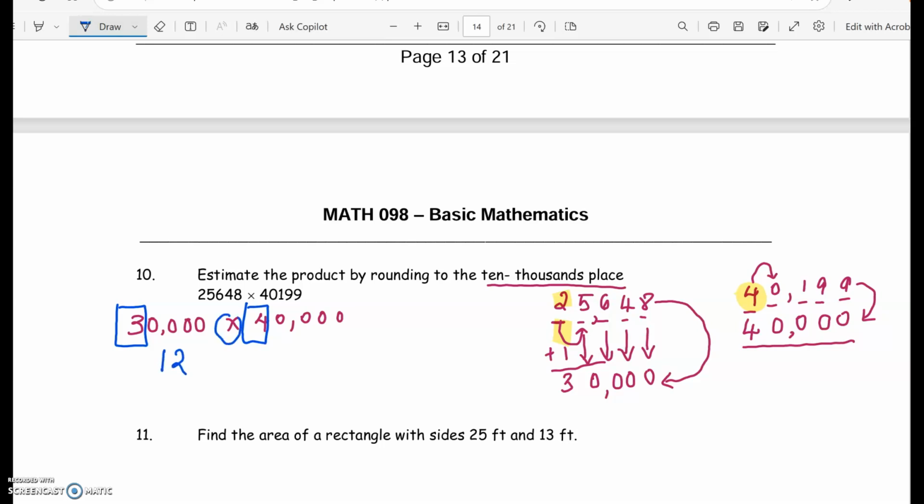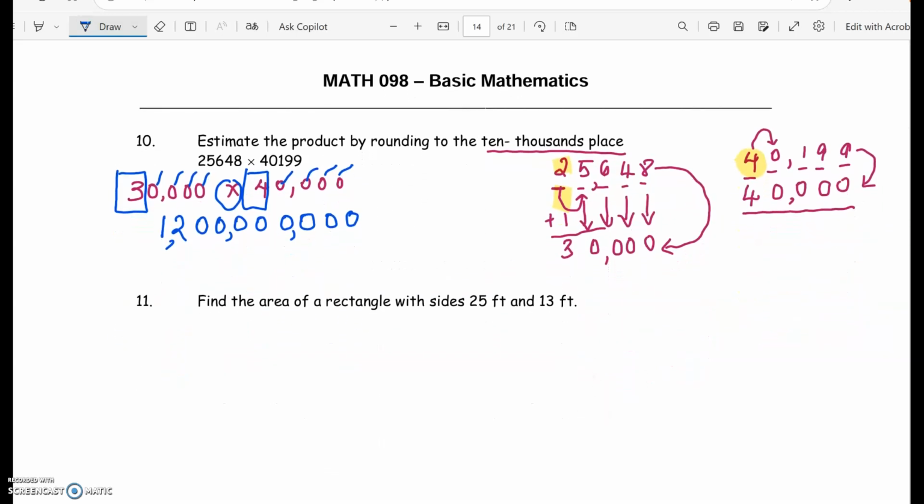Now if you're multiplying, you count the zeros. 1, 2, 3, 4, 5, 6, 7, 8. So write down all the zeros. And this is your estimate.